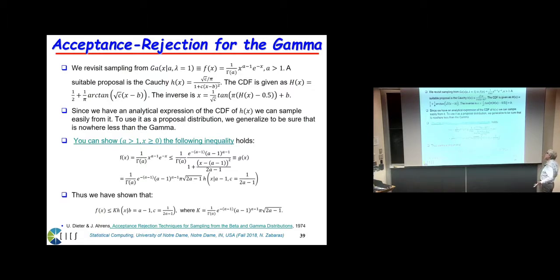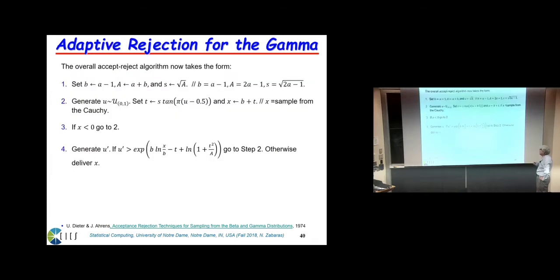Okay? So basically we're in business. Because we can sample from the proposal distribution, and we have established what that constant m is, and here is the algorithm, really 4 steps.